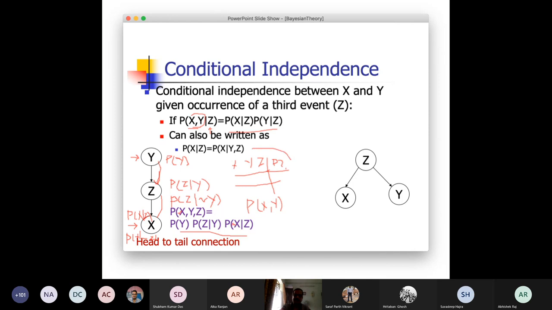So you can see that it is combinatorially explosive. If I have 3 random variables, I have 2 to the power 3 combinations. If I have n random variables, I will have 2 to the power n combinations. So it is not advisable to derive the joint probability distribution using the Bayesian network and then do all these computations. Computationally that would be inefficient, of exponential order.